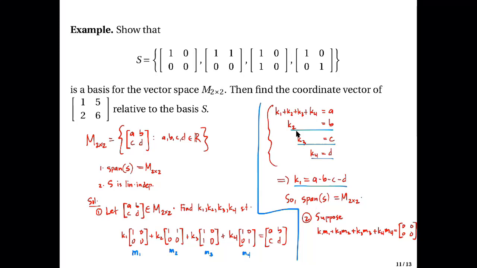But we can use the previous part. From the previous part, we have K1 equals 0, K2 equals 0, K3 equals 0, and K4 equals 0.